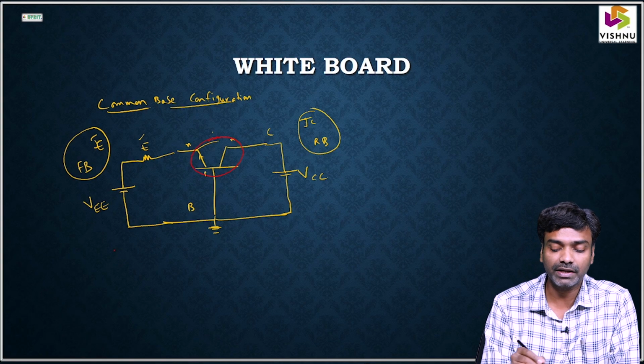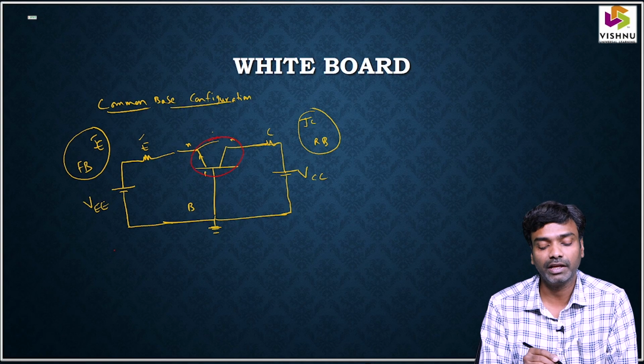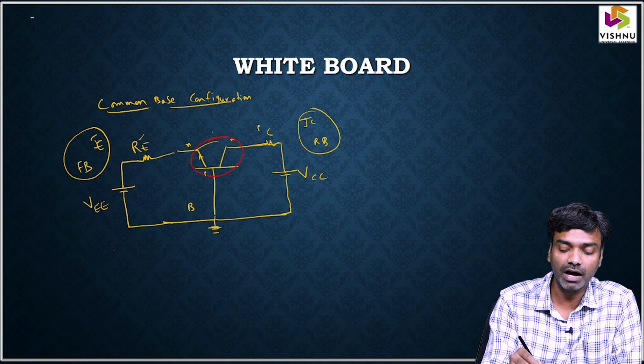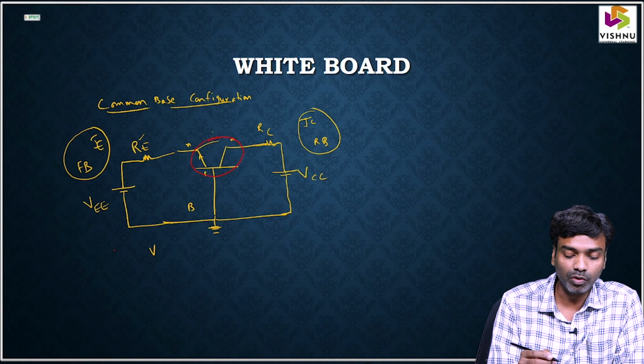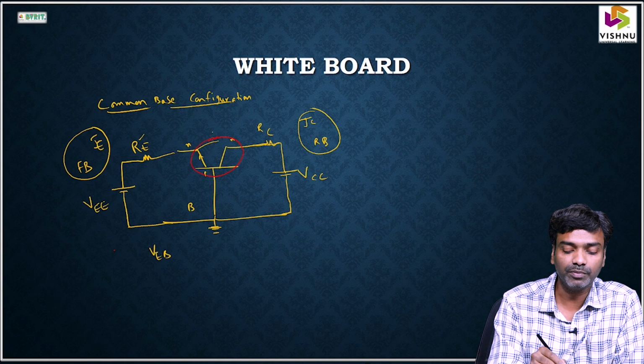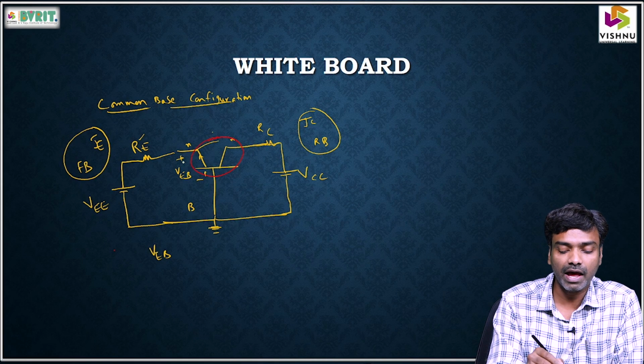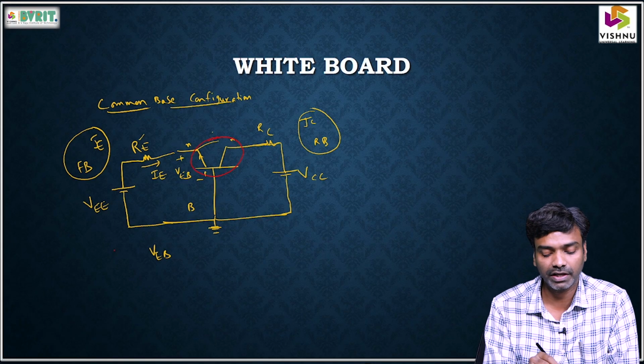Now the input parameters of this transistor: at the input side we have a voltage VEB, as well as a current entering at the input side of this common base configuration, IE.